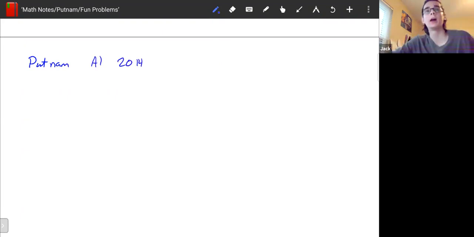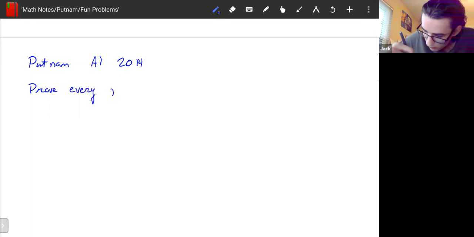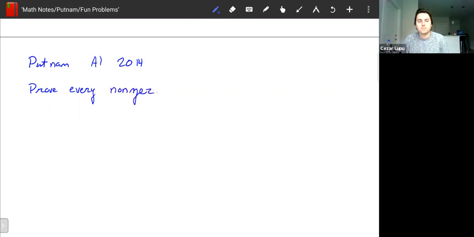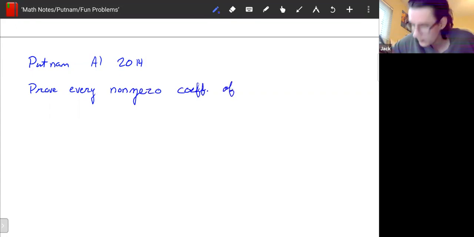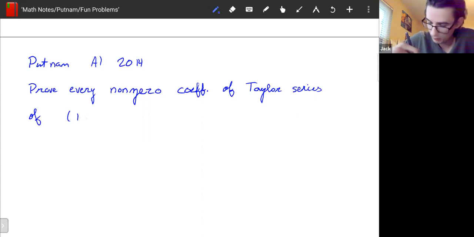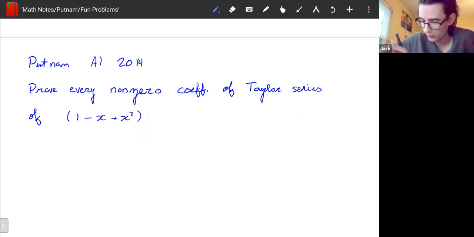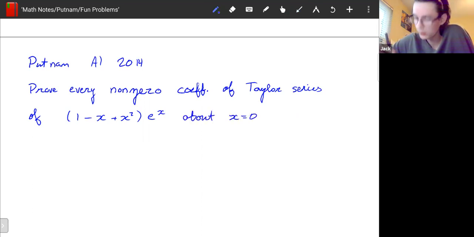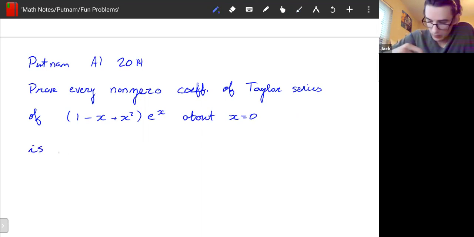So this one is Putnam A1 2014, and it states that we have to prove that every non-zero coefficient of the Taylor series of this function right here, 1 minus x plus x squared times e to the power of x, about x equals 0, is rational.